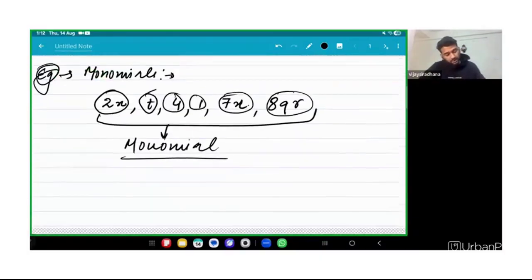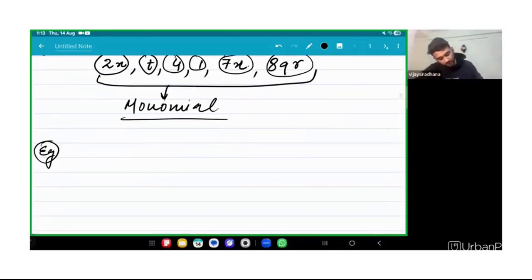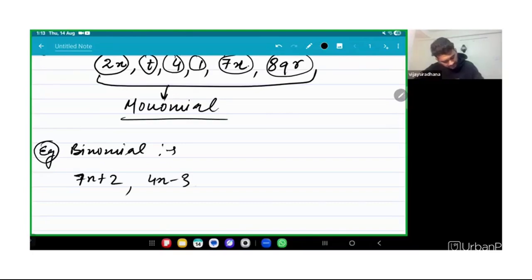But what about the binomial? Binomial is something where it is compulsory that there should be one operation. Either it is positive or it is negative. So binomials: 7x plus 2, 4x minus 3, 8y plus 7, 15z plus 12.